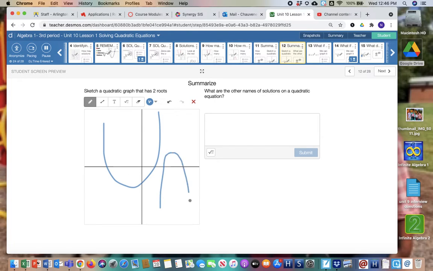It could open down and cross like this, right? 2 times. What are the other names for solutions of a quadratic equation? Well, they're roots and zeros, and then the x-intercepts, but those must be written as a point, right? So putting it as a coordinate point, 4, comma 0, negative 2, comma 0, whatever.